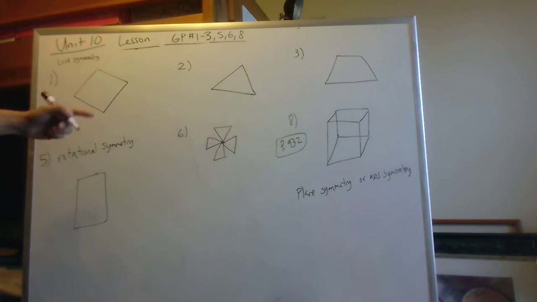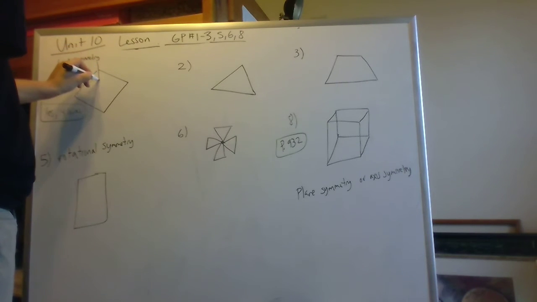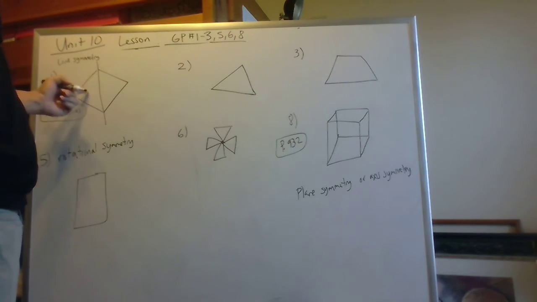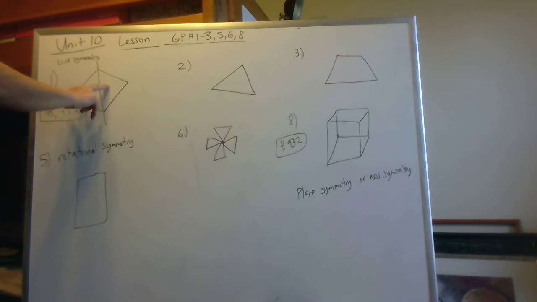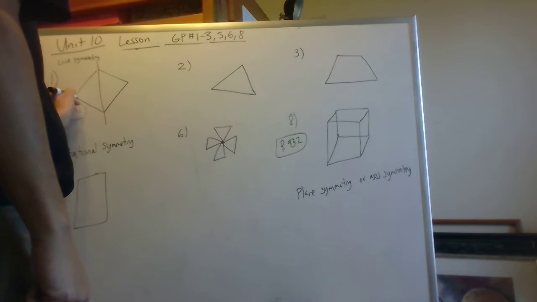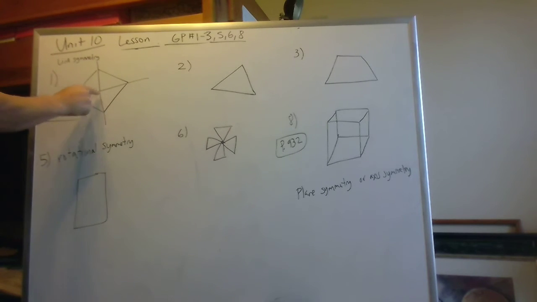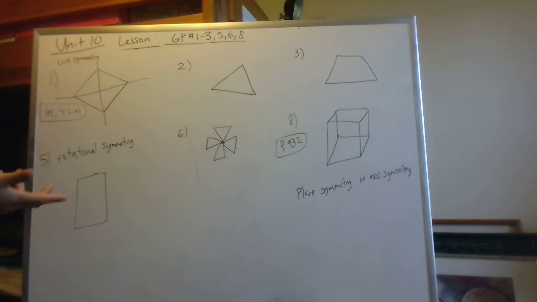And so yes, this shape has line symmetry, and it has four lines, and I'll show you right now. So if I drew a line right here, these two images are the same if we cut it in half. Likewise, if I drew another line through there, those left and right sides are basically mirror images.